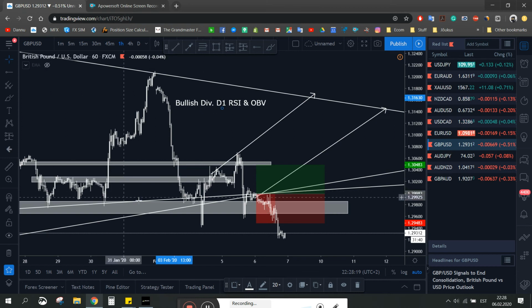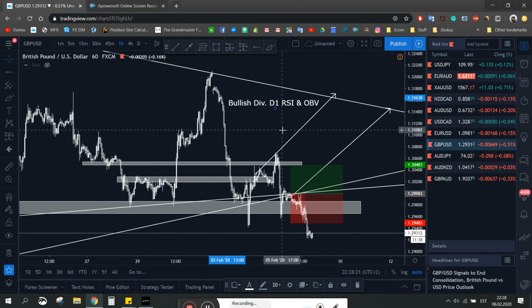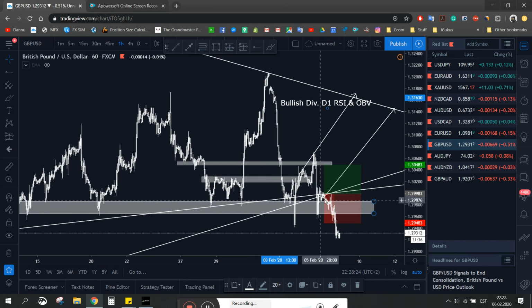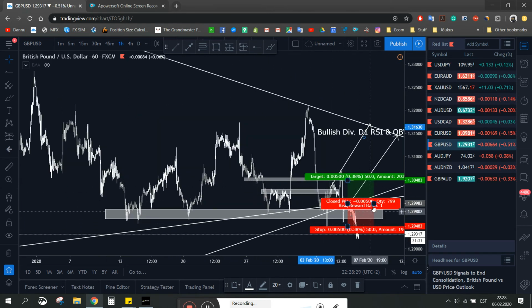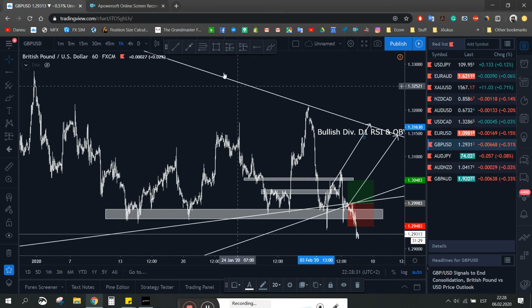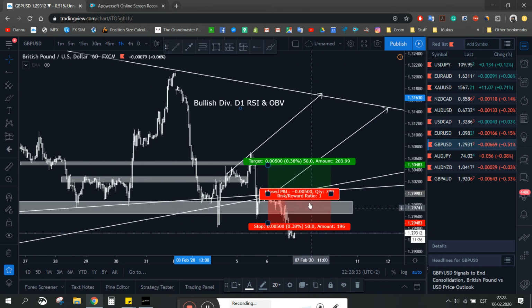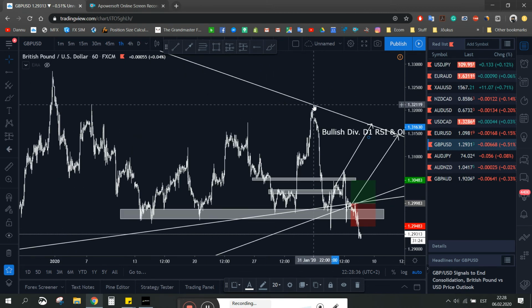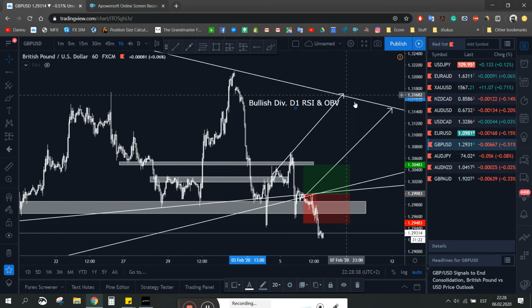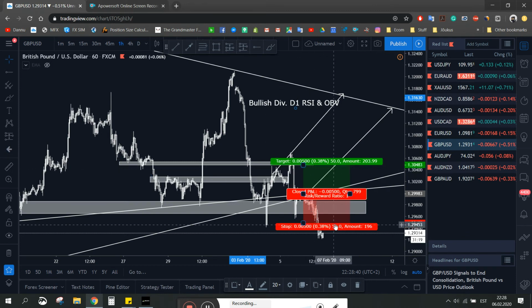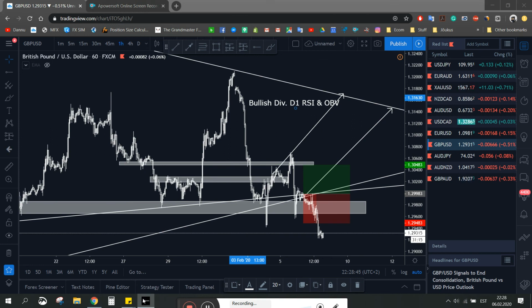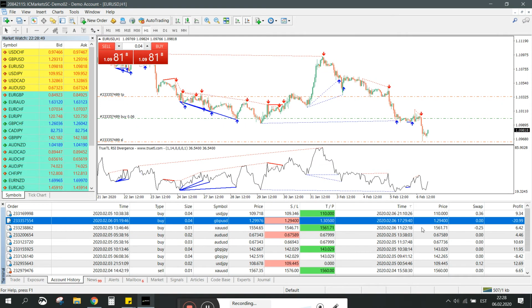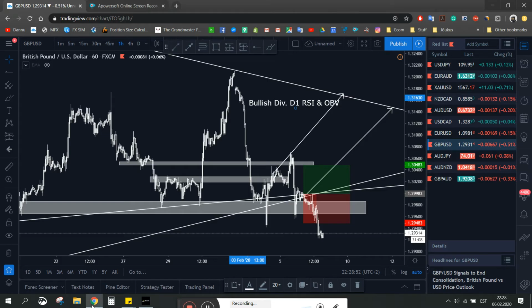It has tried to break this level like 8 times before. If it had broken that level, it would have already done it. And we are in an uptrend on the daily and H4, so I thought that price might go up to this trend line or those previous highs. But it ended up stopping me out and I lost like 20 euros. So that was painful. But it's only play money, fortunately.